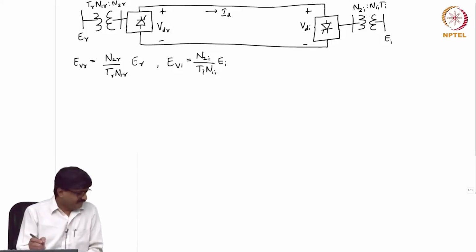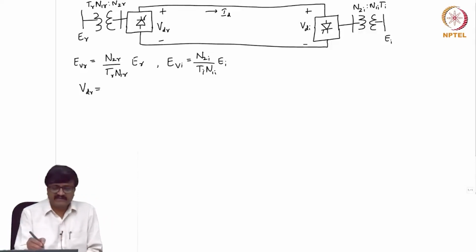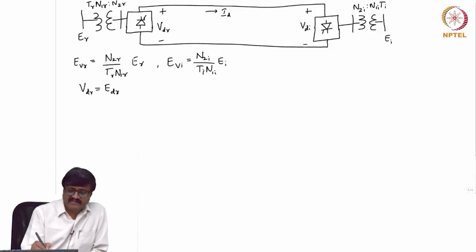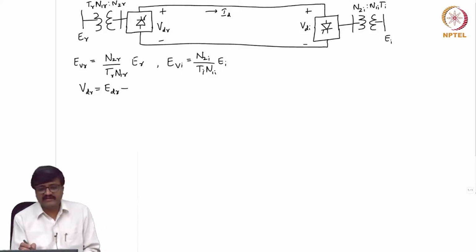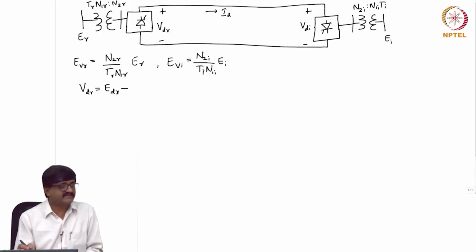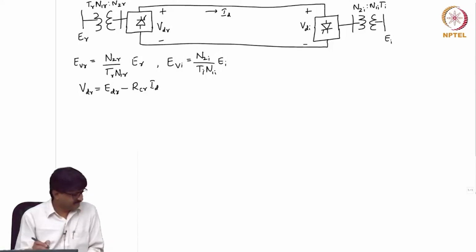So, we derived some relations. VDR can be written as EDR minus, did you derive this? Okay. We related VDR, EDR, ID and RCR: minus RCR ID.